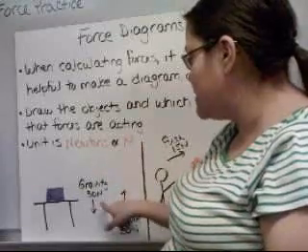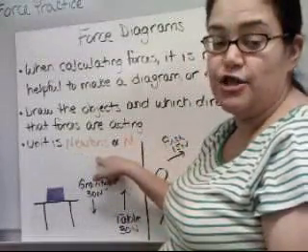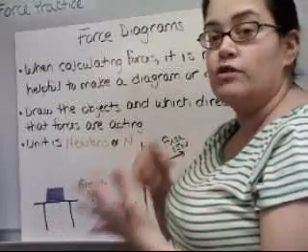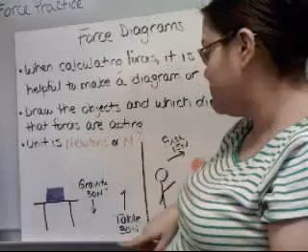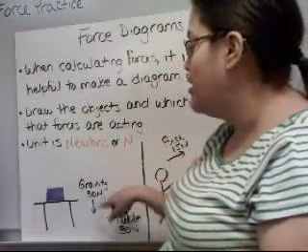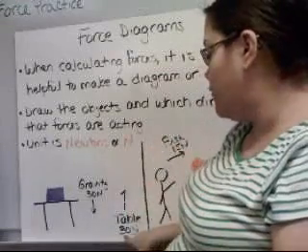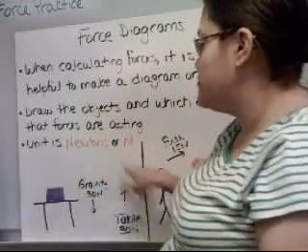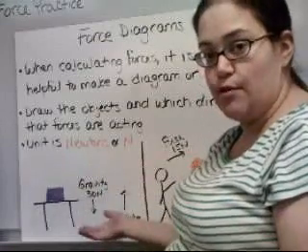So gravity is pulling it down with a force of 30 newtons, and the unit for force is newtons. It's just like meters for distance or joules for energy. We just label it with newtons or a capital N. So gravity is pulling down with a force of 30 newtons, and the table is holding it up with a force of 30 newtons. So now that you've drawn this picture, it's a little bit easier to understand what direction the forces are moving from.